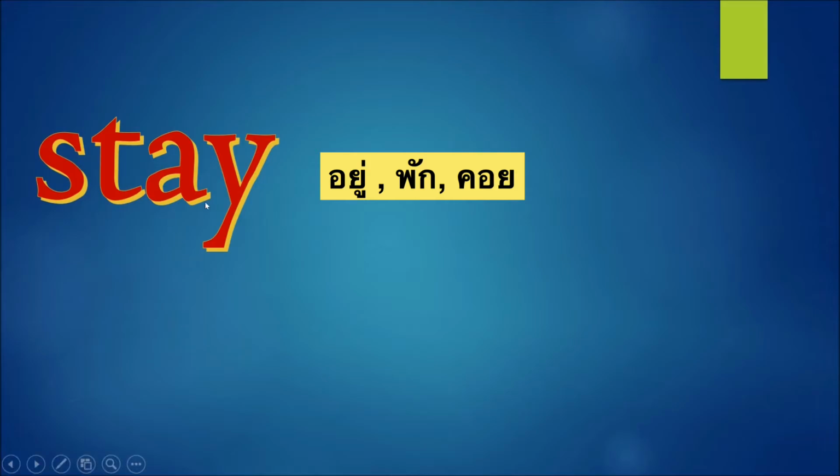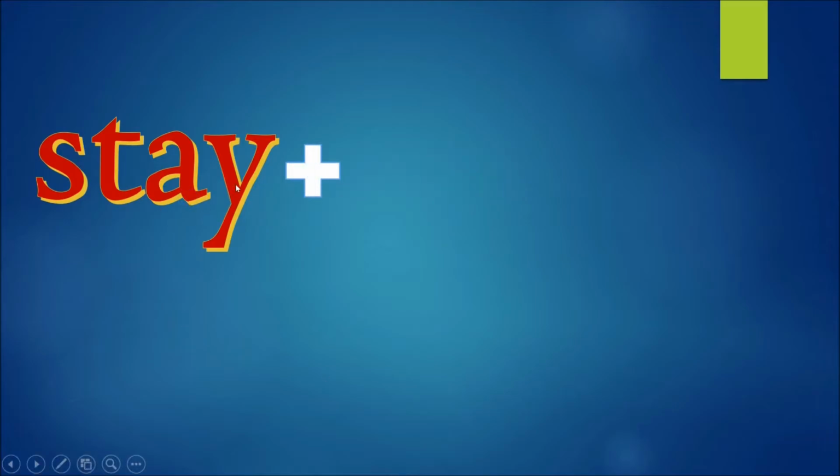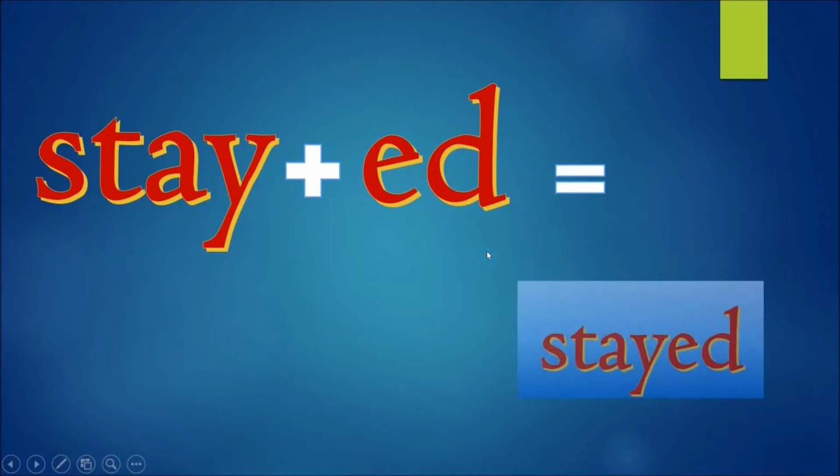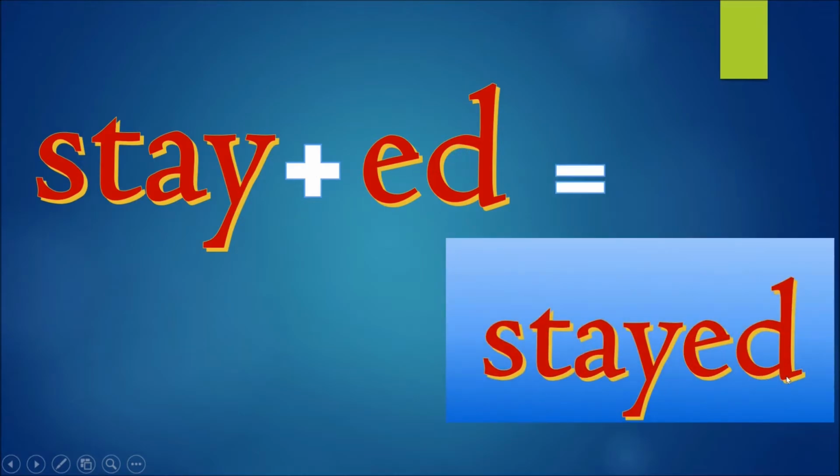Next, we have, for example, the word stay. So A and Y. A is a vowel and then Y. So you just add ed and then it will become stayed. So stay, stayed. Okay, do you understand? Okay, so you have to remember rule number 3.